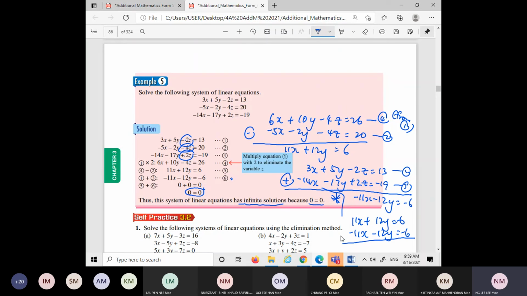Different sign, so I'm going to do plus. 11 minus 11 gone, 12 minus 12 also gone, 6 minus 6 also gone. You get 0 equals 0. Then you will conclude this has infinite solution.